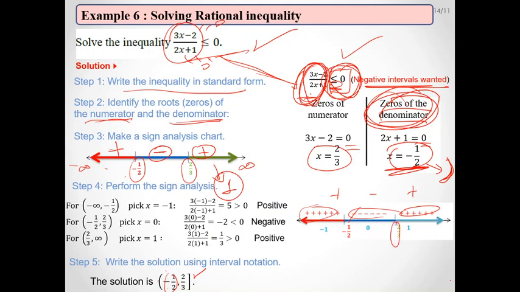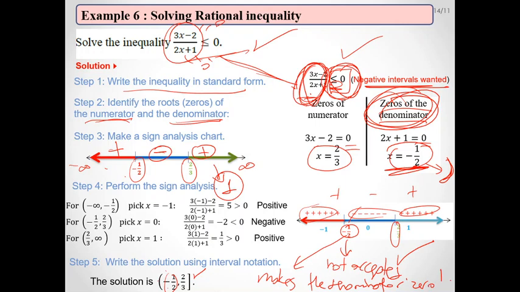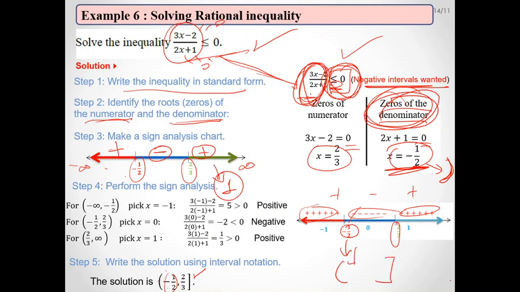This 2/3 is okay, but -1/2 is not accepted, because it makes the denominator 0. So this is excluded. -1/2 is not included in the solution, but 2/3 is fine.